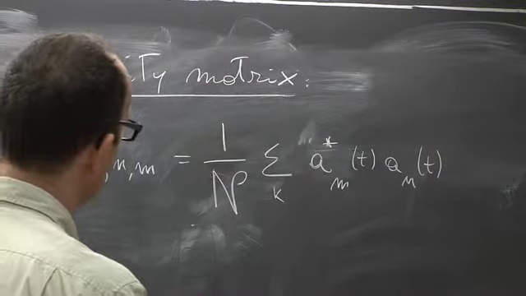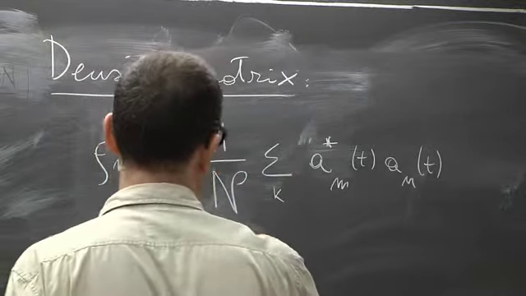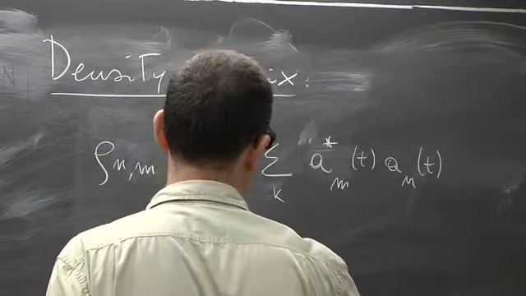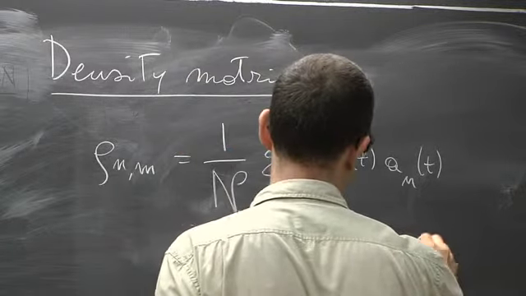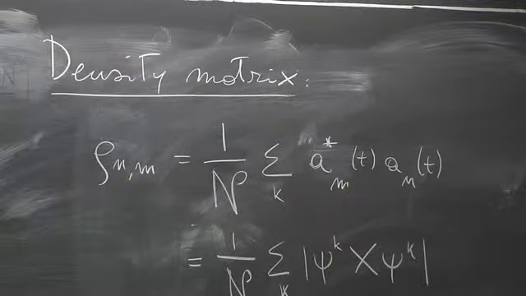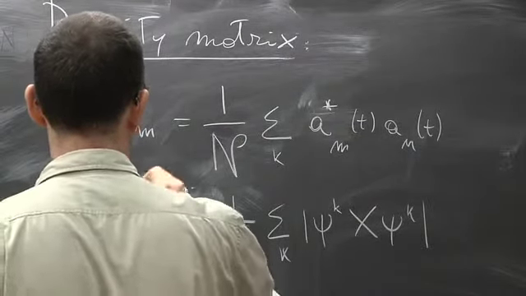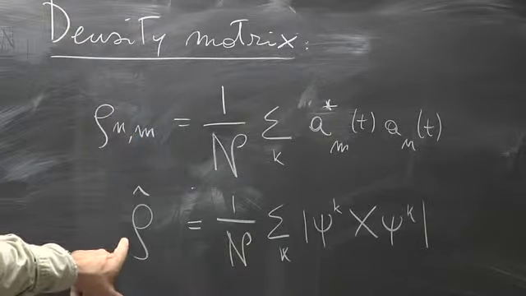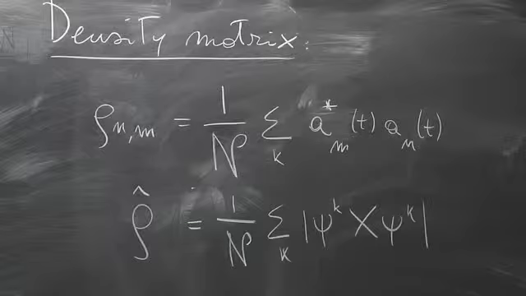If you want, you can also write this as 1 over N sum over k of psi_k times psi_k. If you take this expression and compute the matrix element between states n and m, you will find the formula above.